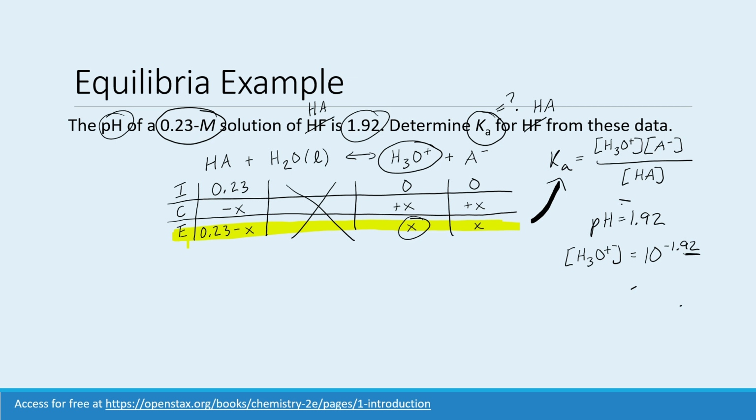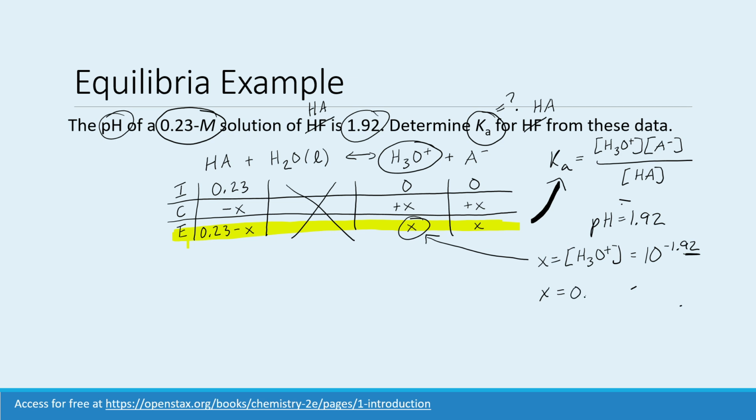So we need 2 sig figs at least, but because we're not done with the problem, we want at least 3 for round-off error. It will help if you note that the hydronium ion concentration is equal to X, so X is equal to 10 to the negative 1.92.